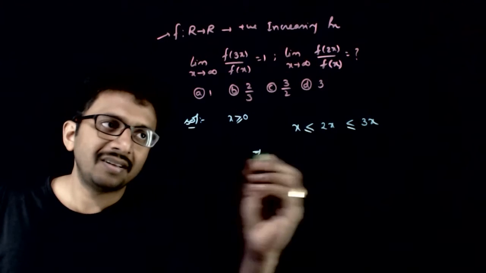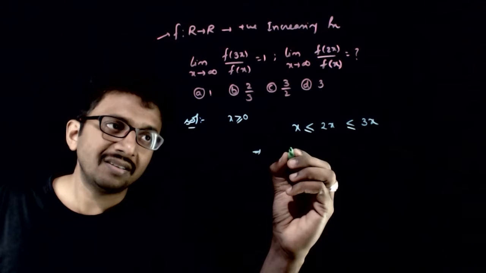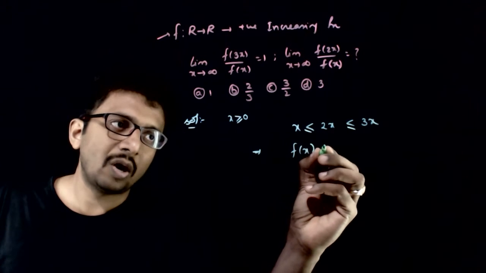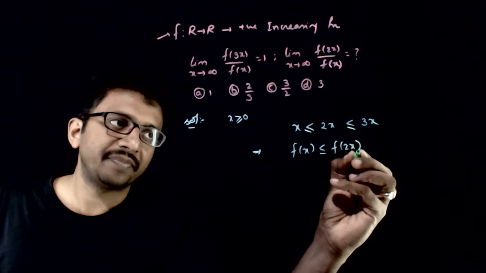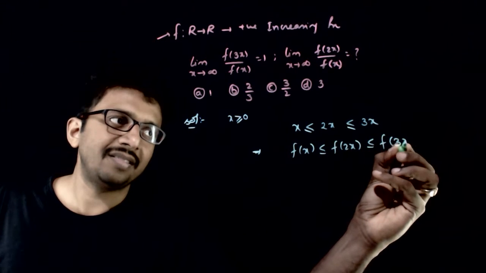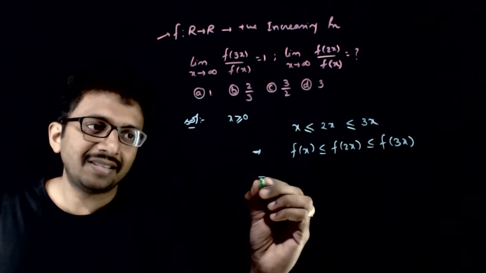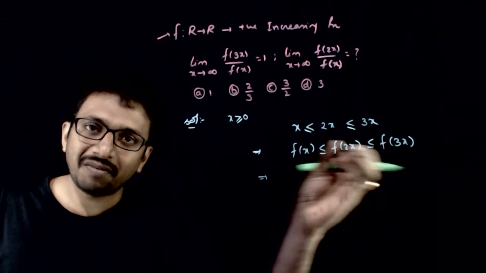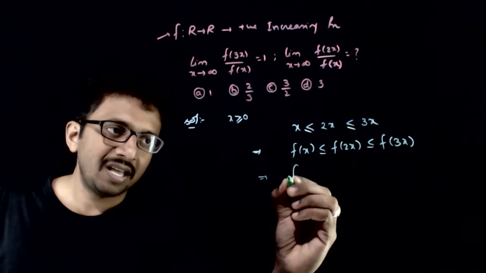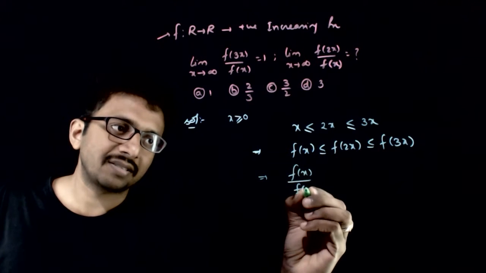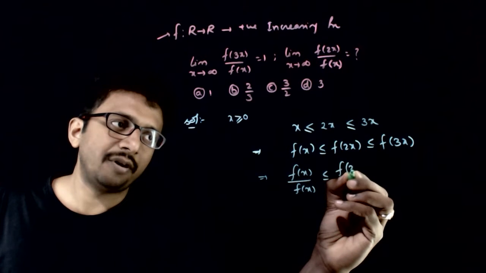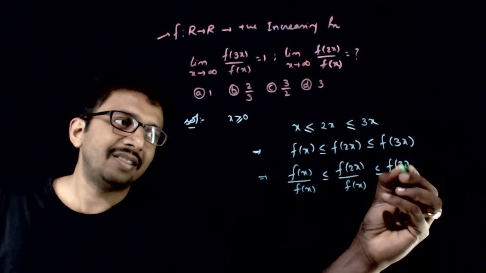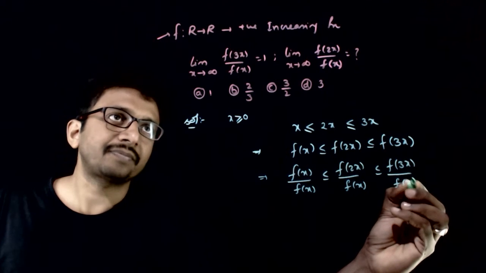So this implies, because f is increasing, that if x is less than 2x is less than 3x, then f(x) is always less than or equal to f(2x) is always less than or equal to f(3x). And if I uniformly divide the three numbers with f(x), f(x) by f(x) is less than or equal to f(2x) by f(x) is less than or equal to f(3x) by f(x).